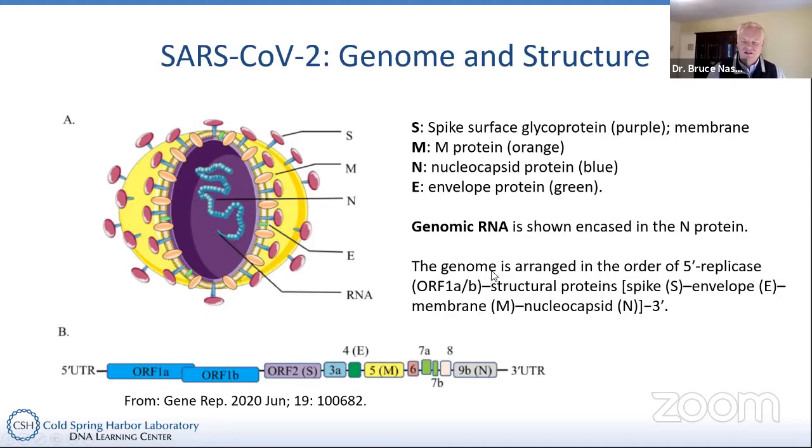Okay. Two big regions code for proteins that are important for how the RNA gets copied. These proteins form something called a replicase, which replicates the RNA. It also helps read the RNA, translating it into the other proteins.